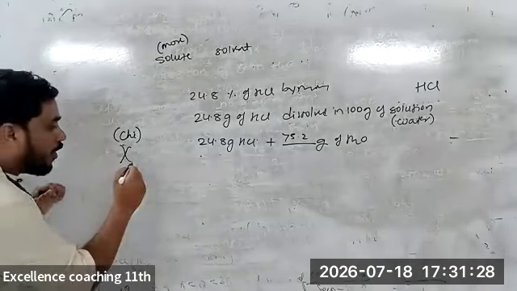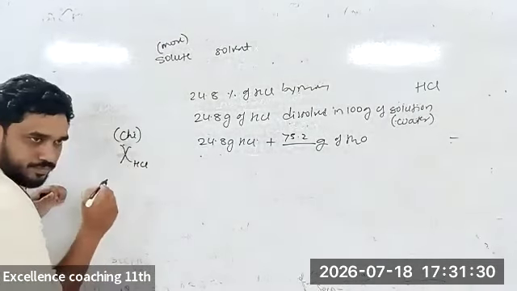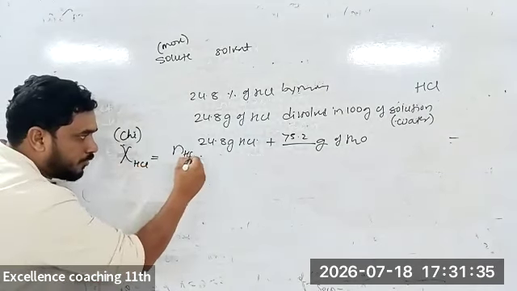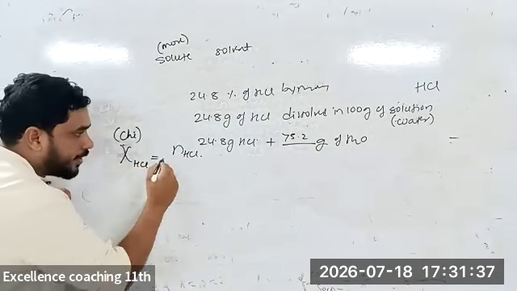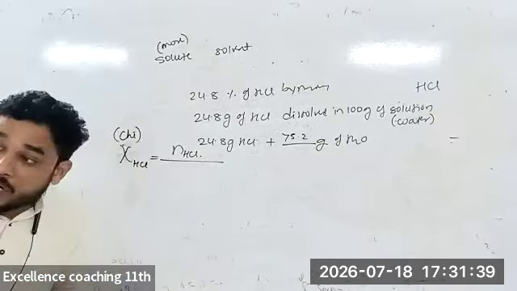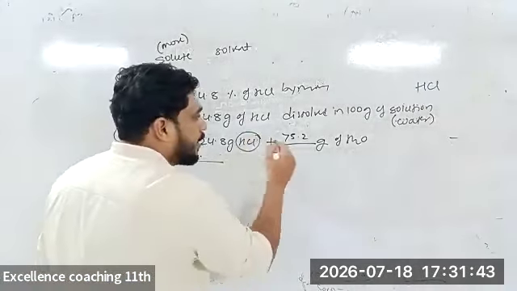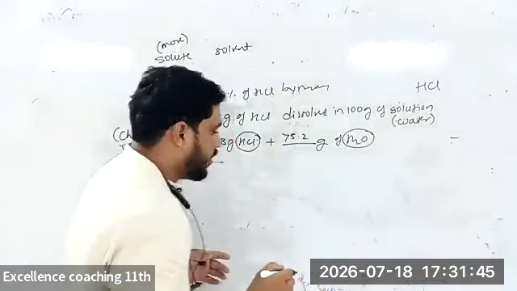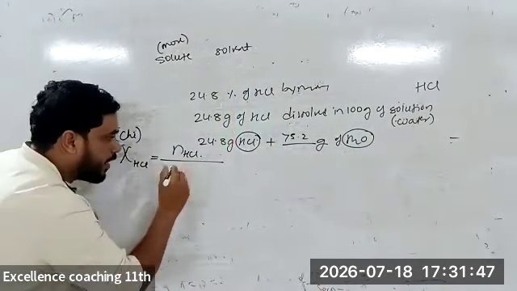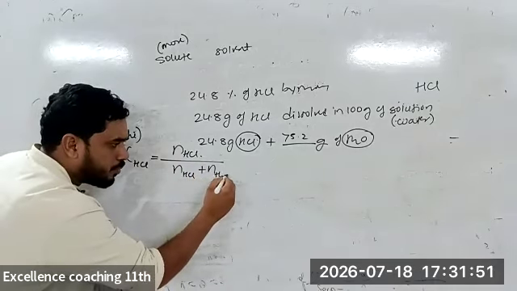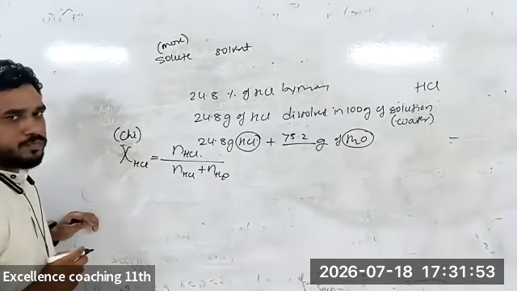Now mole fraction of any component is equal to number of moles of that component divided by total number of moles of all components. So how many components are there here? HCl and water. So it will be number of moles of HCl divided by number of moles of HCl plus number of moles of water.